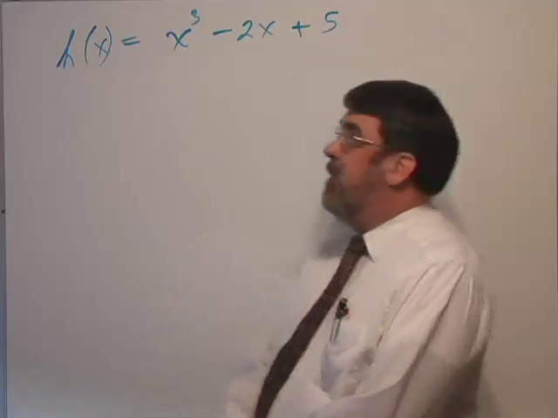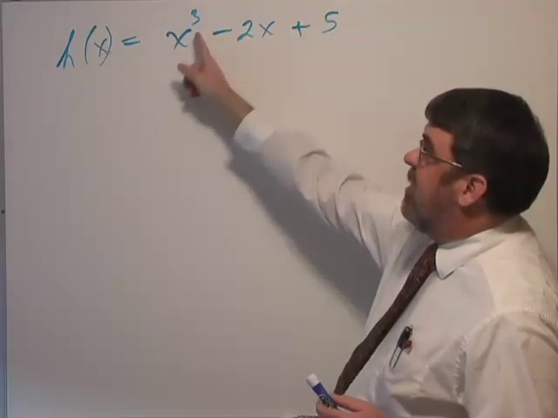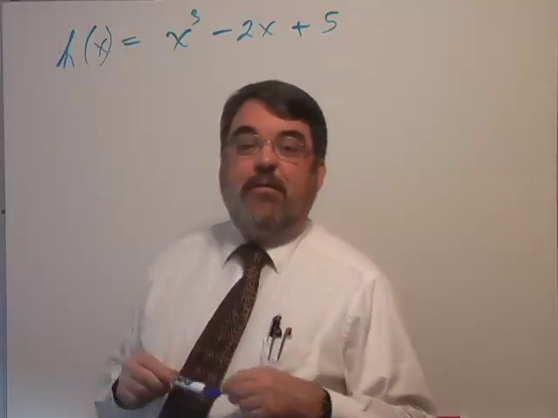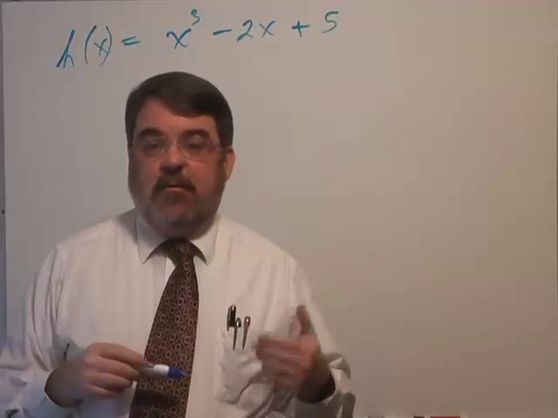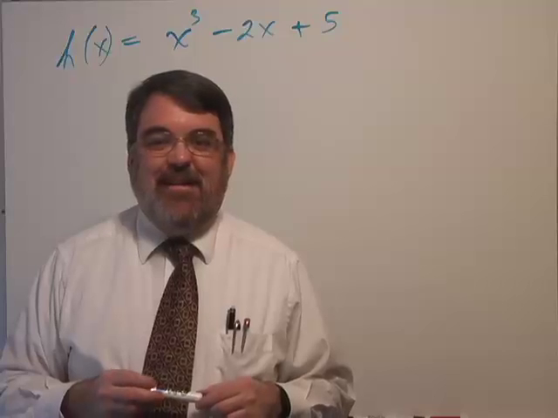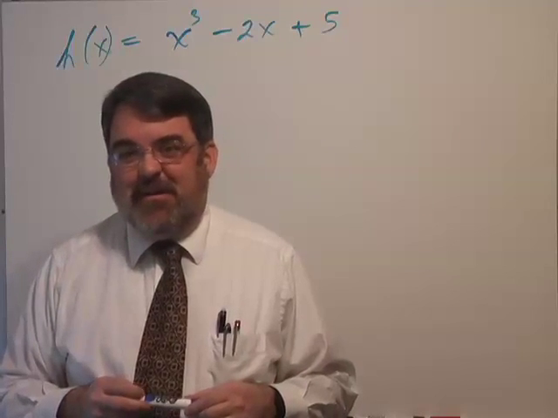Here's this function, h of x. I changed the letter again. h of x is x to the third power minus 2x plus 5. And on the surface, it may appear to be an odd function. So be careful about generalizing these. You can really fool yourself if you're not careful. This is not an odd function, and it's not an even function either.